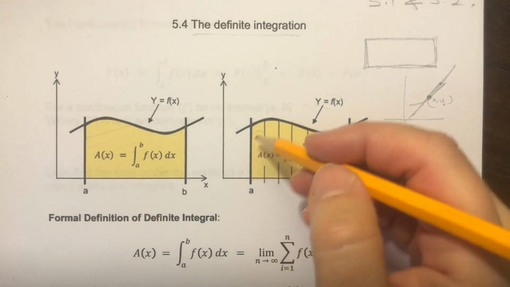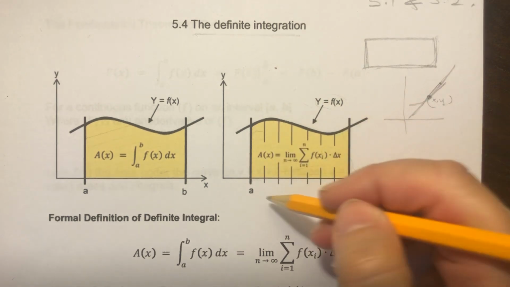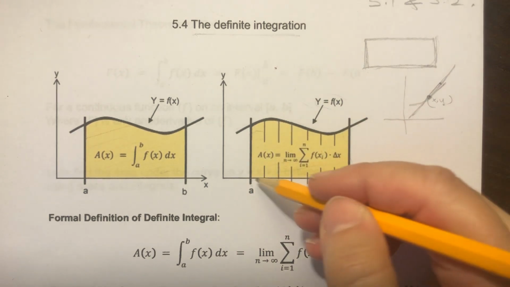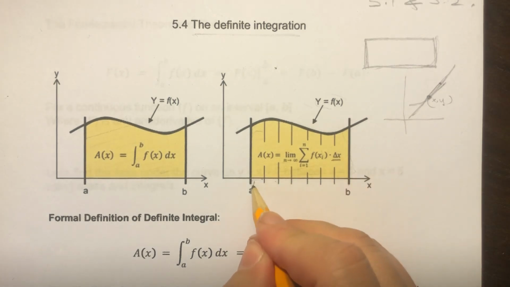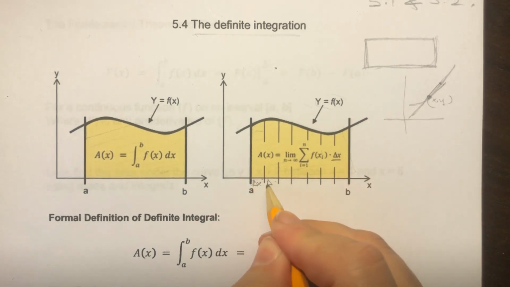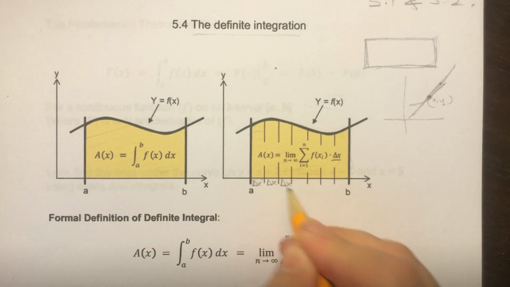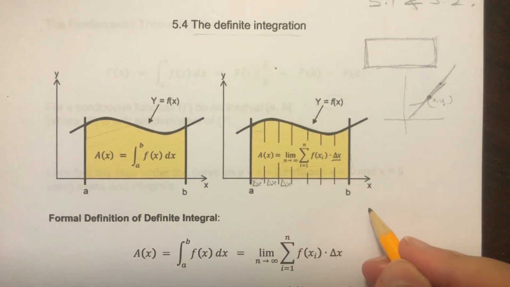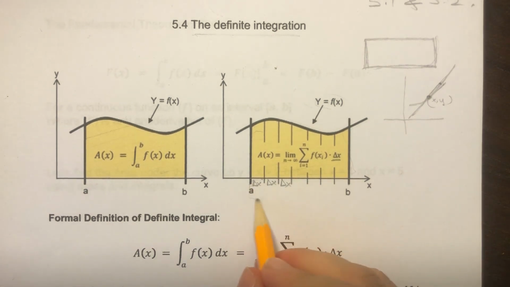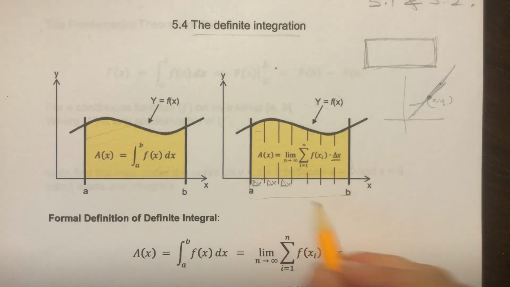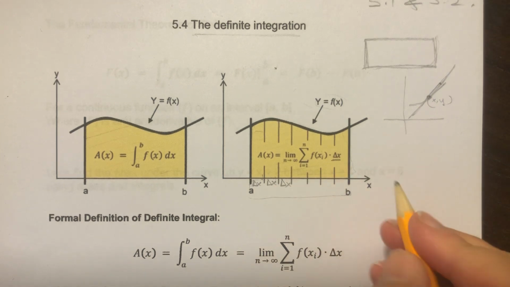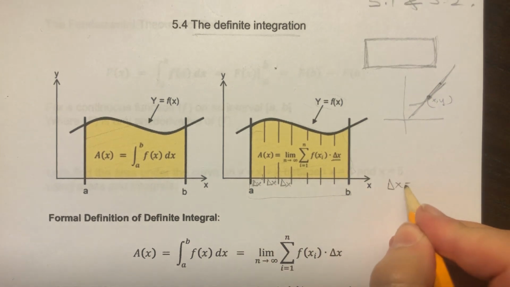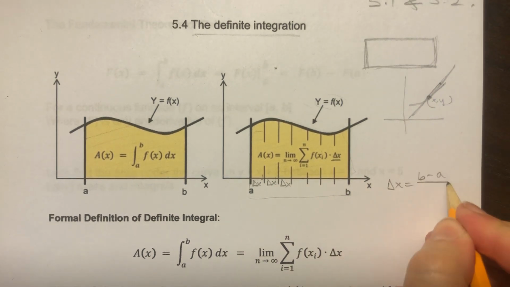What we do is cut this interval from a to b into intervals of equal width, and let that width be delta x every single time. How would I find this delta x? Take the whole interval from a to b, subtract them, and divide it into n equal parts. So delta x will simply be b minus a, divided by n.